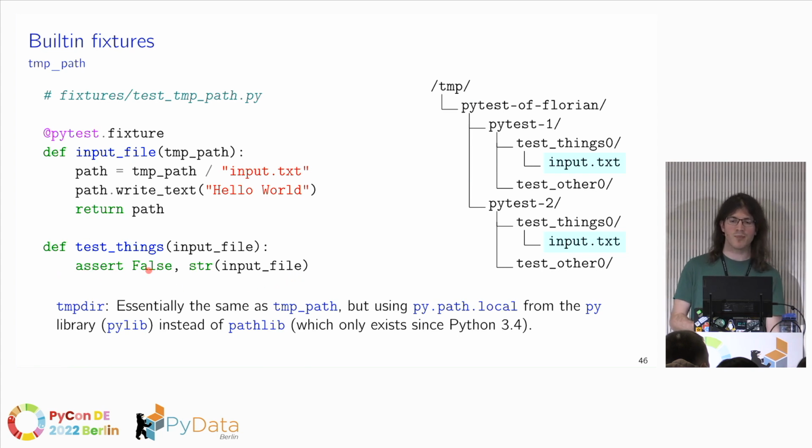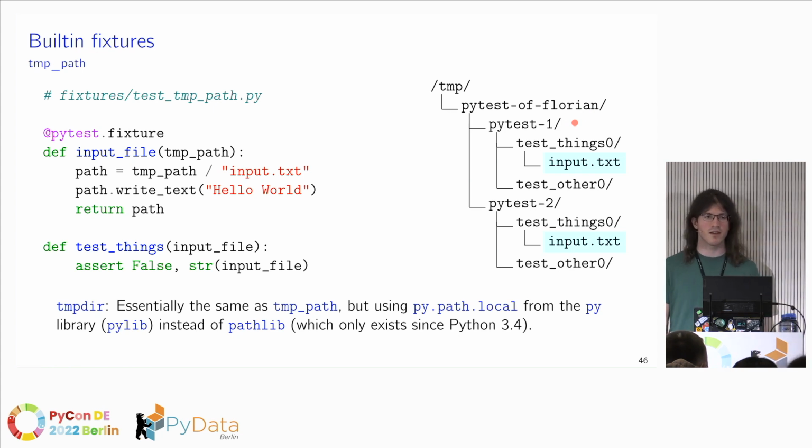Now what will happen if we run this two times is that we will get this kind of directory structure here. In my temp directory, I will have a PyTest of Florian folder, so just one folder per user. You don't get into each other's way if you are using the same machine with multiple users.